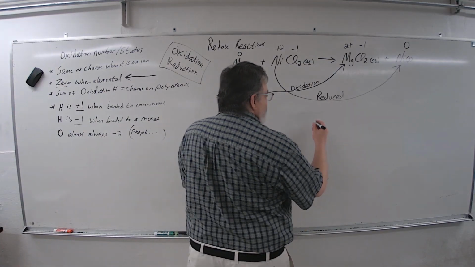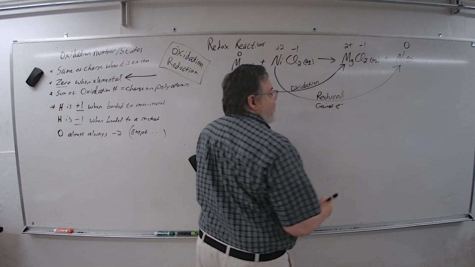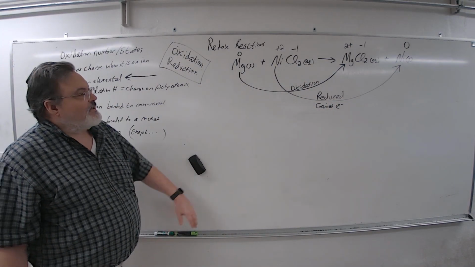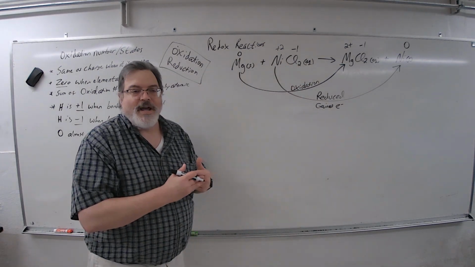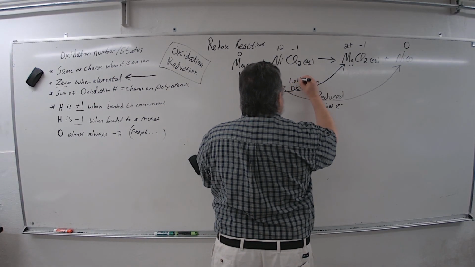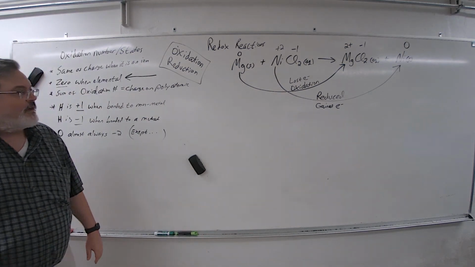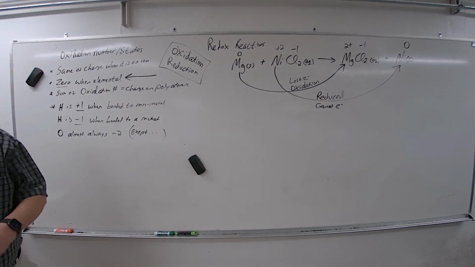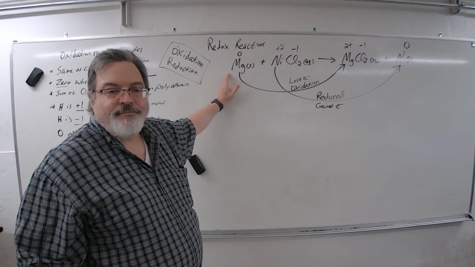If it's reduced, it gained electrons, because electrons are negative. That's how it took a positive charge and dragged it down to 0, because negative charges were added to it. So this one gained electrons and this one lost electrons. So definitionally, nickel was reduced here and magnesium was oxidized.